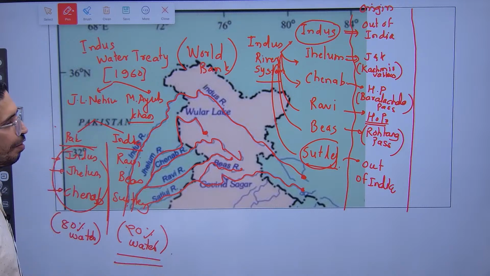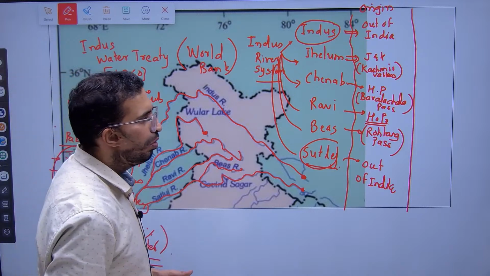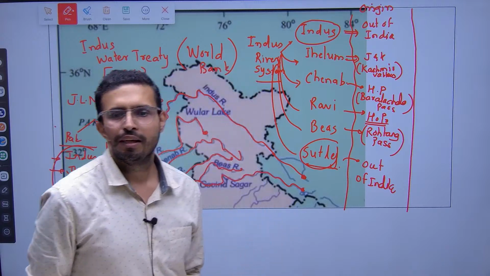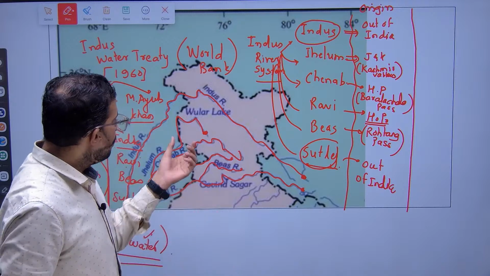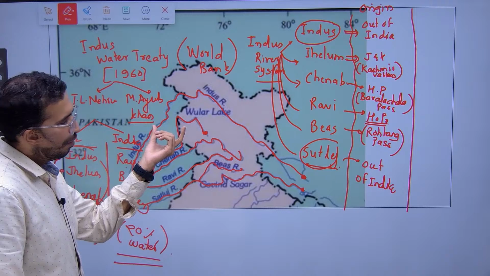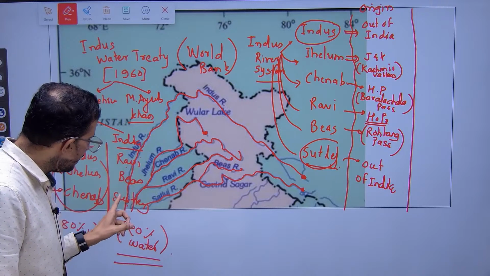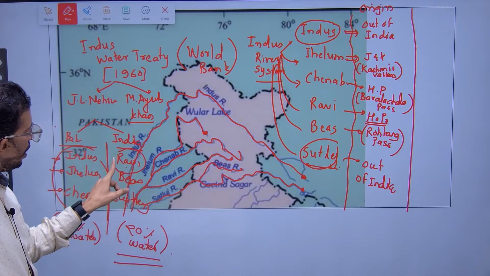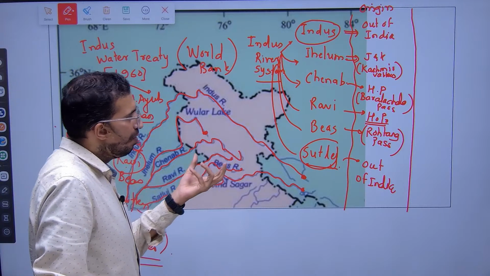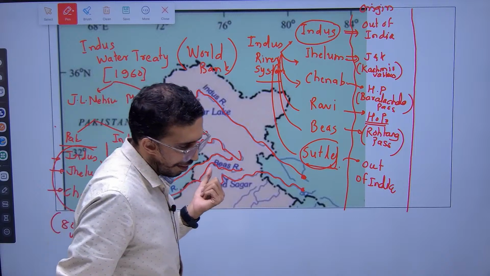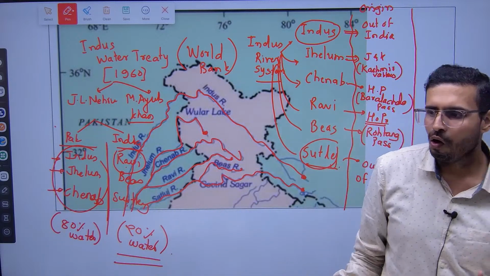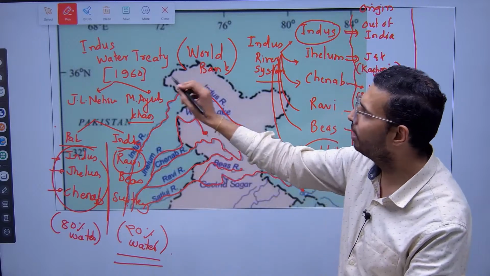And why is this important? News regarding the Indus Water Treaty repeatedly comes up in discussions. If there is a contention between India and Pakistan, then we threaten that we should control the waters of these rivers which are flowing into Pakistan. That's why there is repeated reviewing and discussion of this Indus Water Treaty.